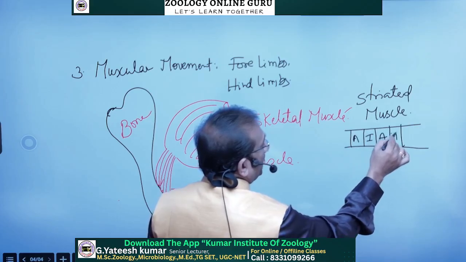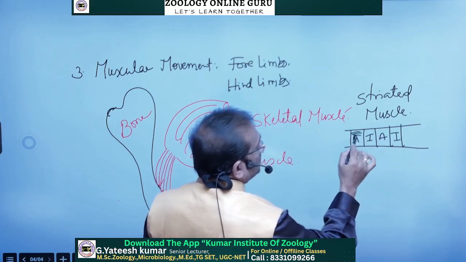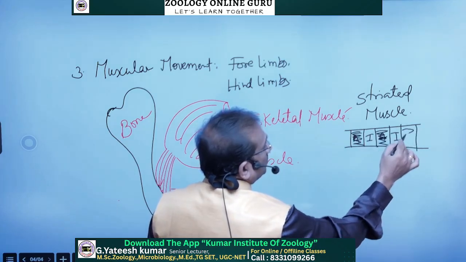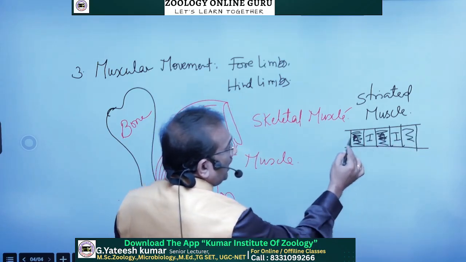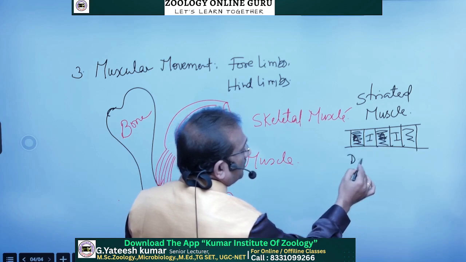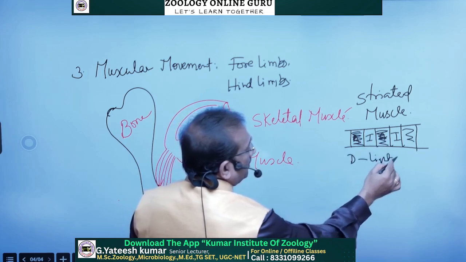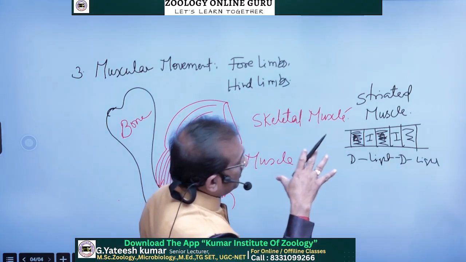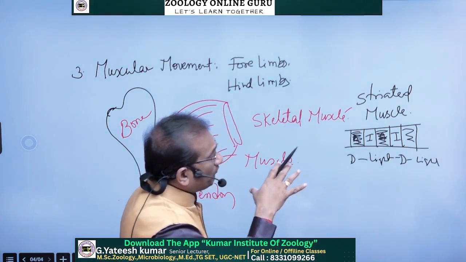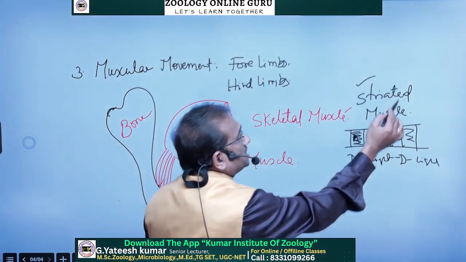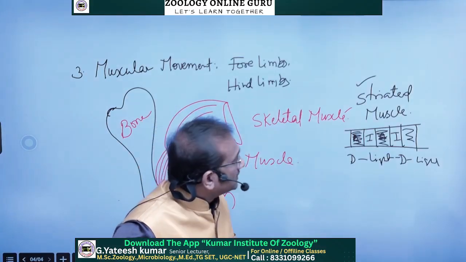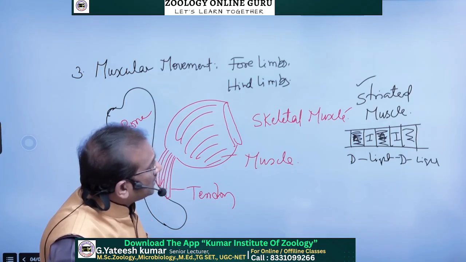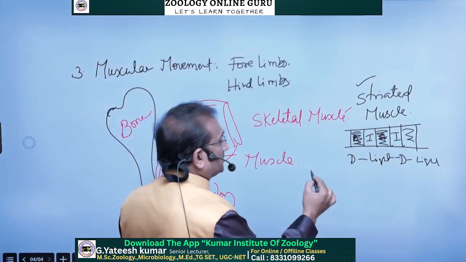Alternately a dark and a light, and a dark and a light. These bands appear, and in the ultramicroscopic view they look like striations, so they are called striated muscles.